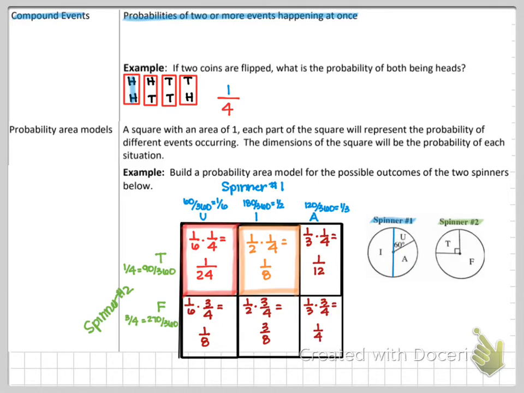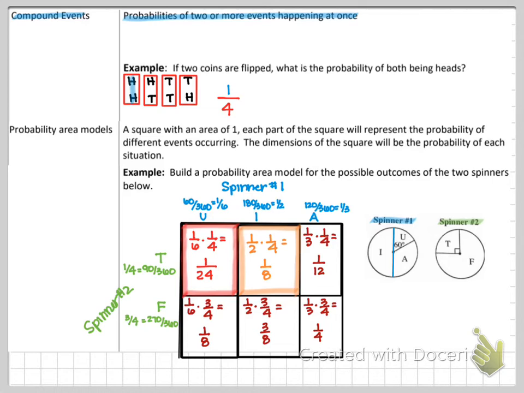Okay, handy little bit of information that you're definitely going to want to know is when you have completed an area model and you look at all of the different values inside of this area model, beautiful thing about this, and this is true every single time, is that if you take all of the areas inside and you add them together, you must get 1.